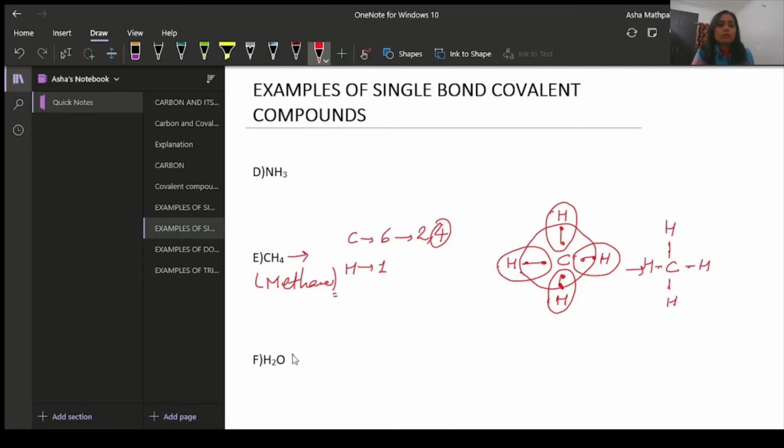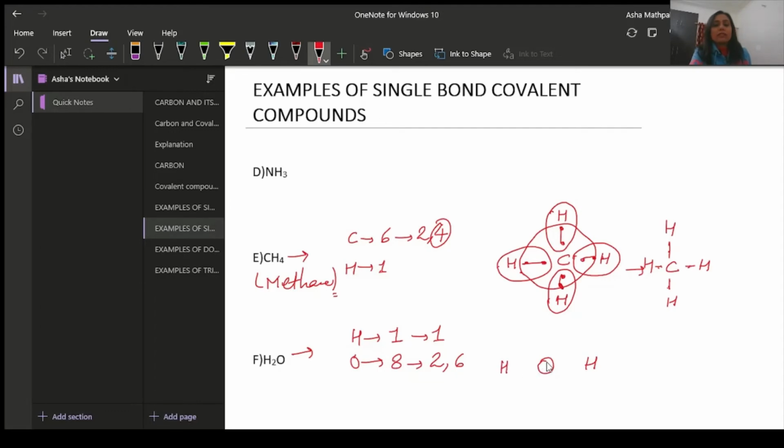If you see H2O, okay, now hydrogen and oxygen: hydrogen's electronic configuration and atomic number both are 1. Oxygen has atomic number 8 and its electronic configuration is 2, 6. So it is in need of 2. So you can place oxygen in the center, hydrogen around it like this.